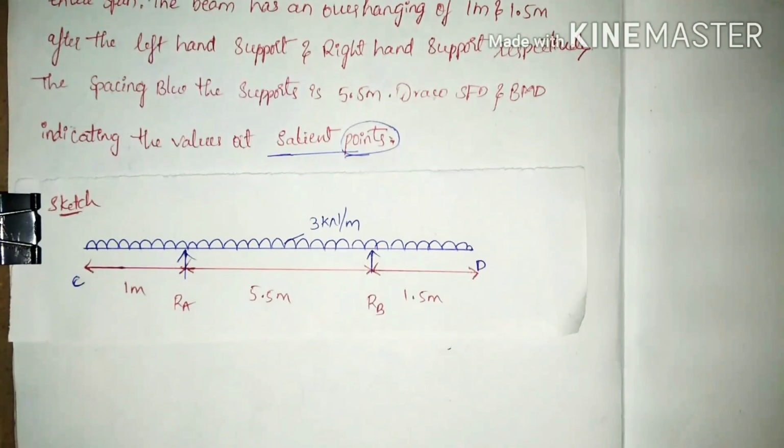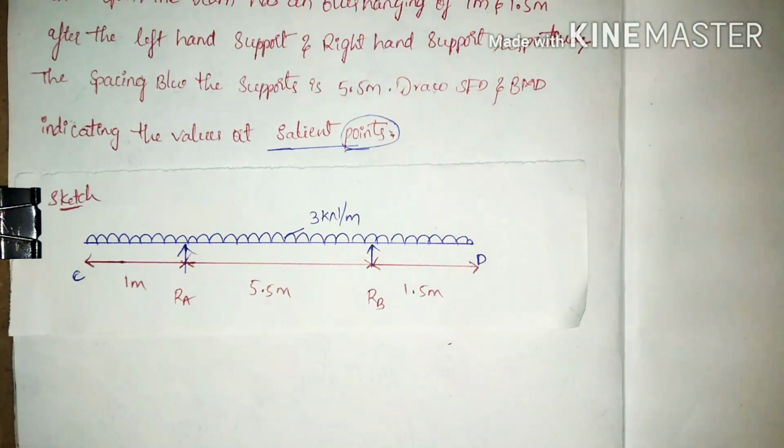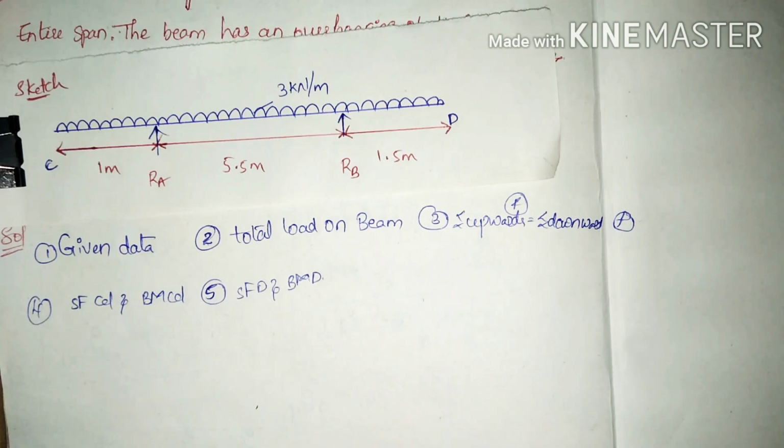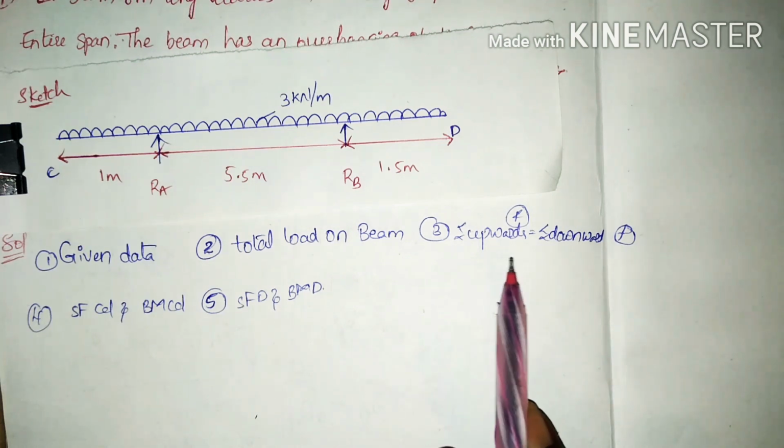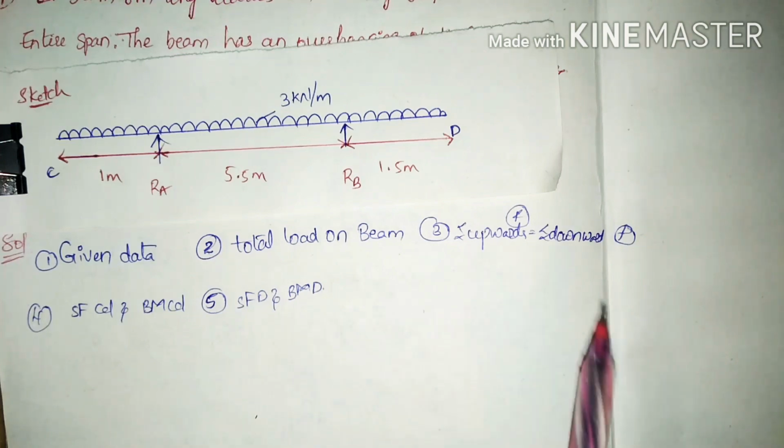Next, moving on to the solution, we have a 5-step method to solve any problem. Let's see the 5-step method. Number 1, given data. Number 2, total load on beam. Number 3, summation of upward reactions, RA and RB, equal to downward forces.